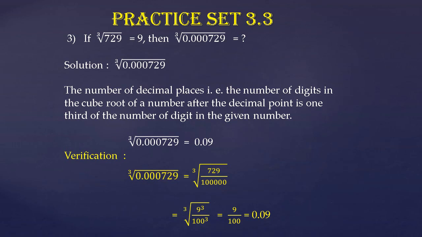As we know, the number of digits in the cube root of a number after the decimal point is 1/3 of the number of digits in the given number. Here the digits are 2. So, what will be the cube root of 0.000729? Yes, it will be 0.09.